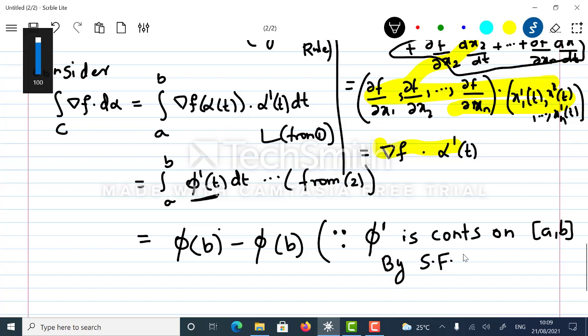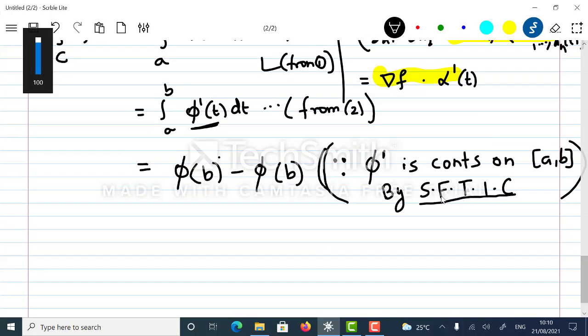In semester 3 we have studied the Riemann integration and all, and in that we had the second fundamental theorem of integral calculus. So this is basically a primitive of phi dash. It says that the integral from a to b of phi dash t dt is phi of b minus phi of a.